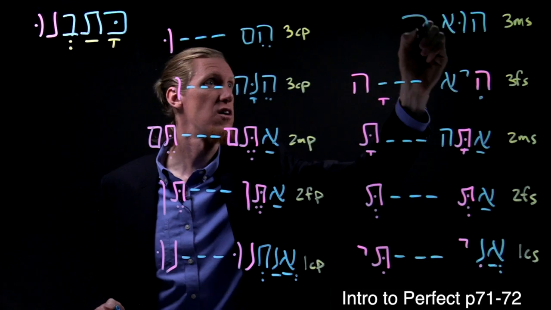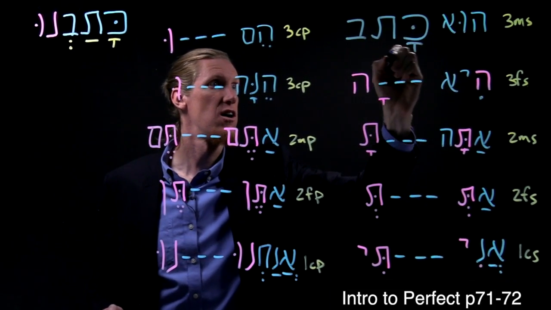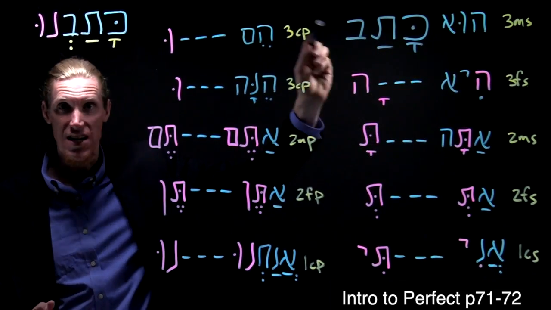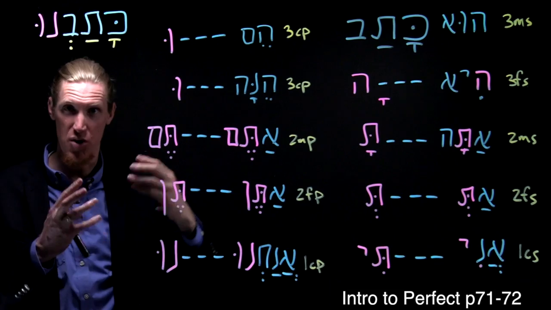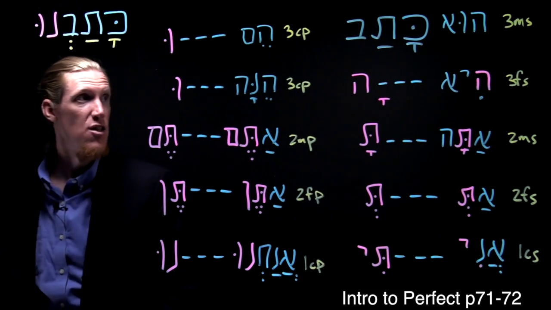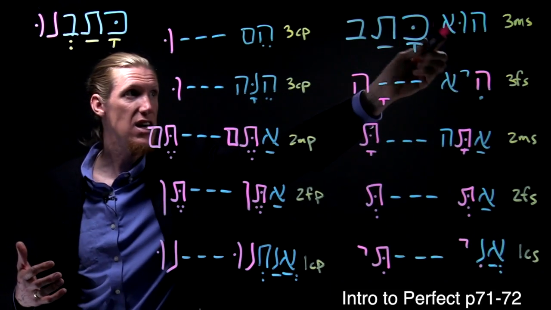So we have katav. Here it means he wrote. Right? So it's a perfect form, meaning we translate it generally into the past tense. Third masculine singular, the pronoun hu is he. He wrote.